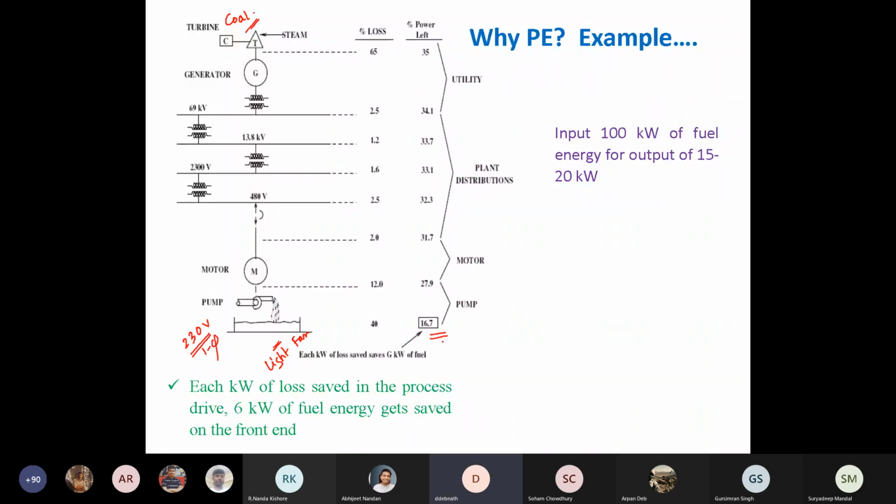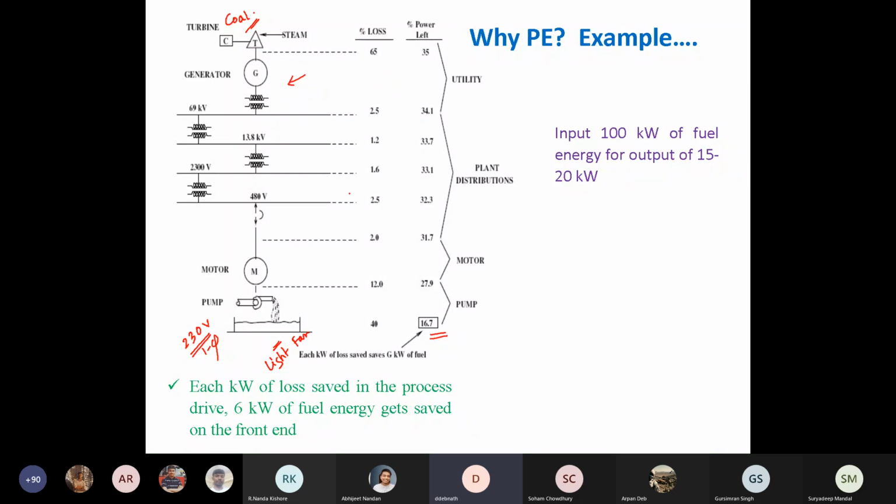That is the loss. Roughly four-fifths went into loss at different stages of this journey. A thermal power plant is not very efficient, hardly maybe 40% or 35%, so a lot of power is already lost there.